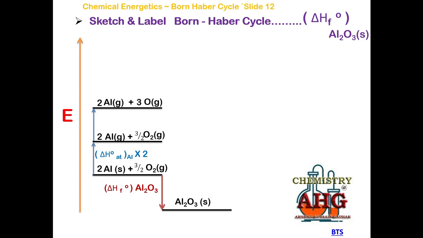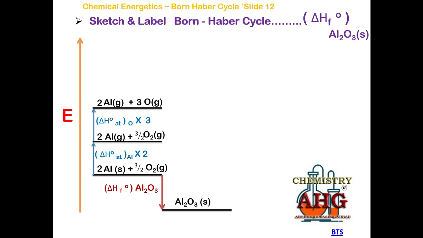At the end of this step there is a change in the oxygen molecule. The oxygen molecule has been broken into oxygen atoms, so you can label this step as the standard enthalpy change of atomization of oxygen times 3, because there are 3 moles of oxygen atoms.